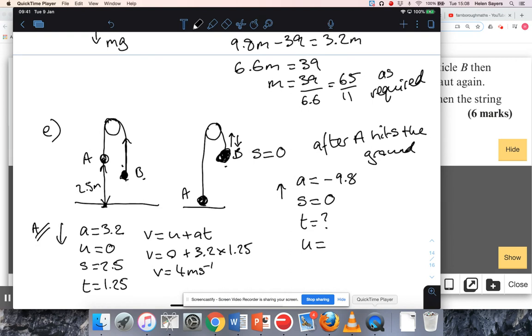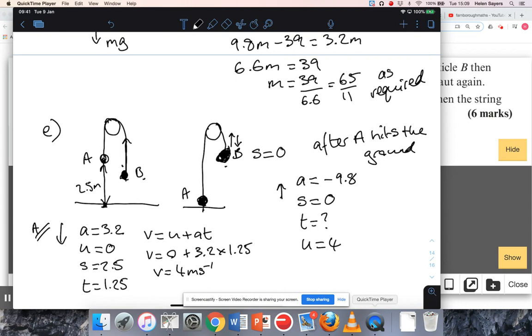So that's the velocity with which A hits the ground, which will also be the velocity with which B is travelling at that point. A is obviously travelling down at that point, but B is travelling up. I'm taking up as positive, so u will be positive 4. So at the moment when A hits the ground, B was travelling upwards with a velocity of 4 meters a second.